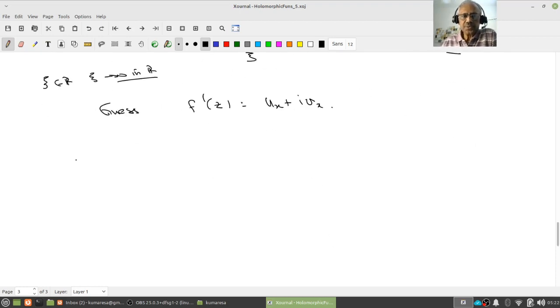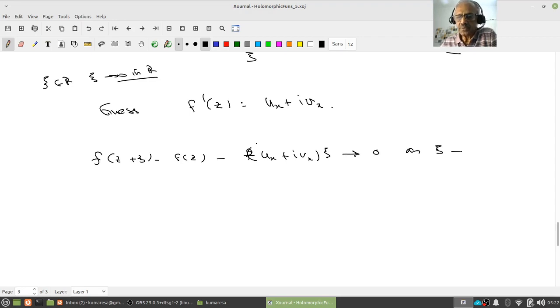So what should I do now? What I want to show is that f of z plus xi minus f of z minus (ux plus i vx) times xi, divided by xi, goes to 0 as xi goes to 0. That is what we need to prove.